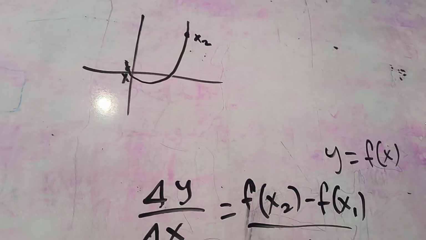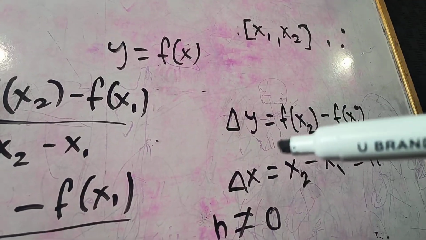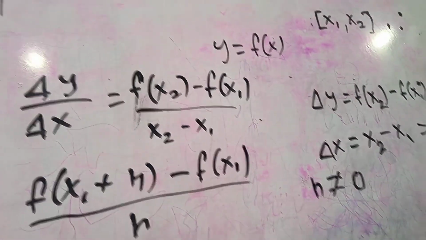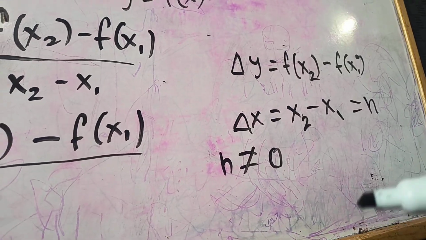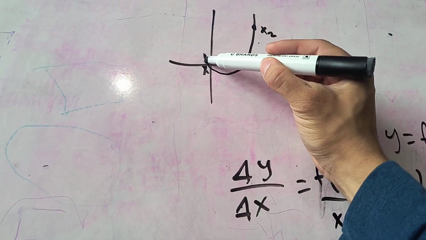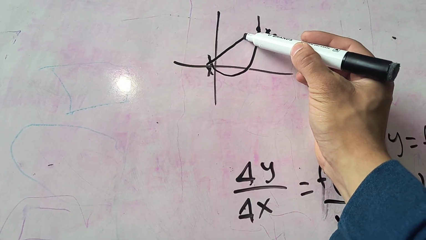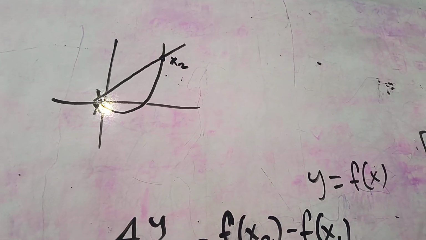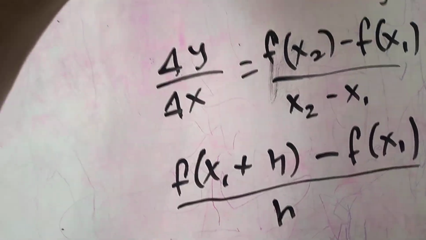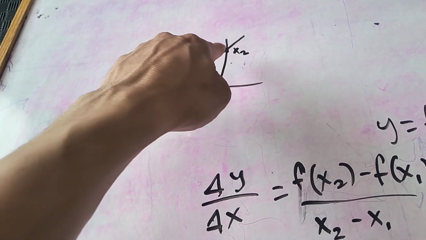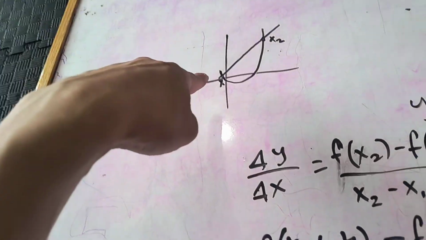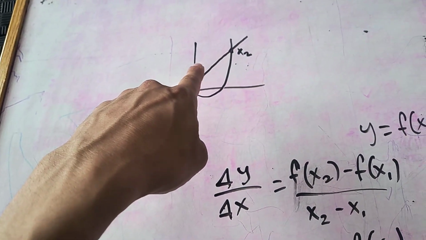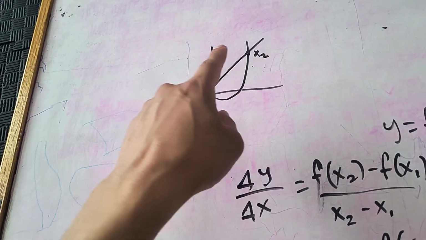If I were to get the change in y over the change in x of this, for the average rate of change, I'm just getting the slope of a line that passes between these 2 points. I'm getting this y right here, and this y right here, and I'm finding the difference between the two, and I'm dividing that by that change in x.